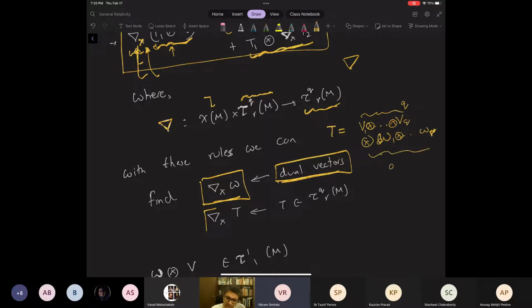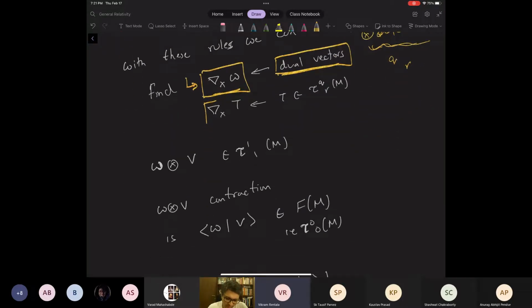And that will give me a tensor of type QR. So if you know the action on vectors and dual vectors, then you can build up to the action on a general tensor by using the Leibniz rule. So we'll first figure out the action of this derivative on a dual vector.